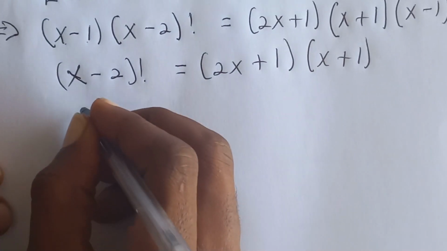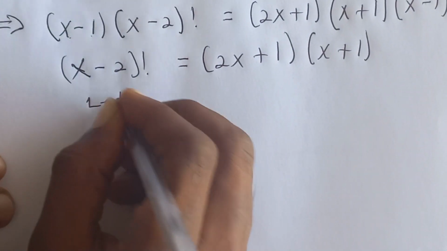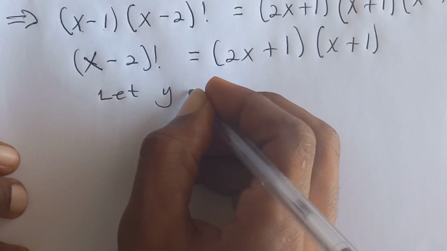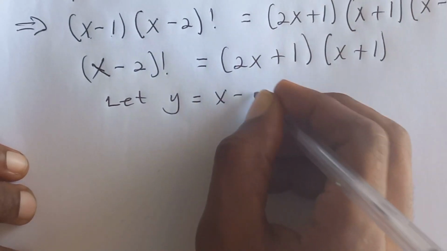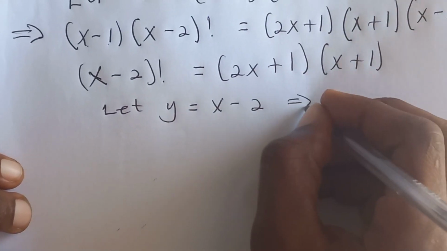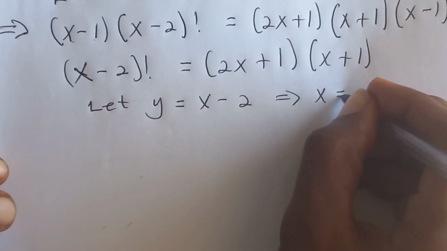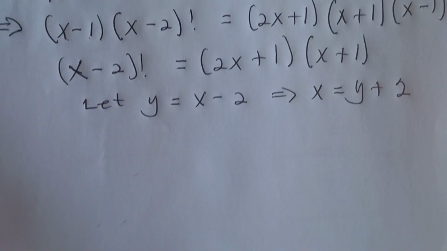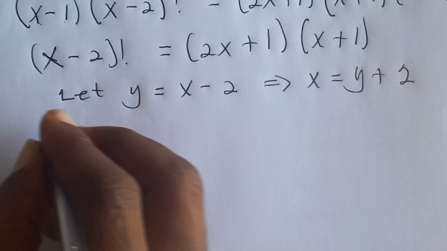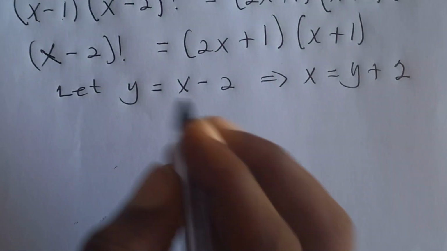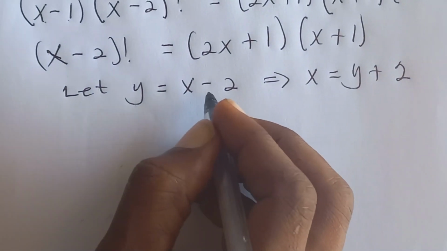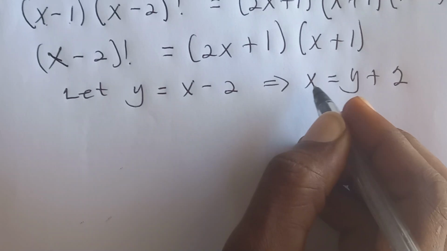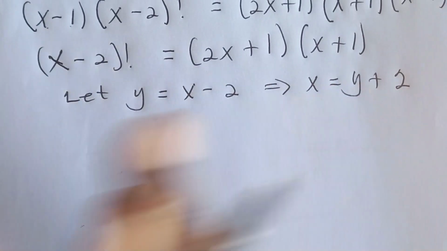So with this, we can say let y be equal to x - 2. Making x the subject, x is equal to y + 2. So wherever we see y, we put x - 2, or wherever you see x, you put y + 2 there.